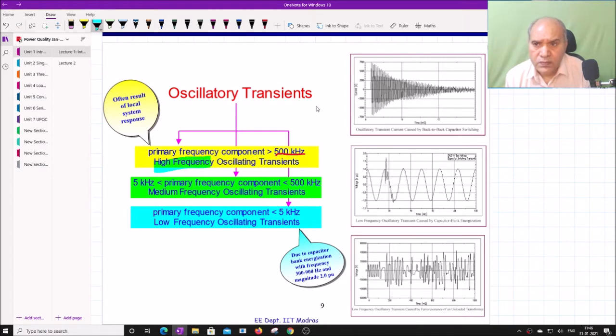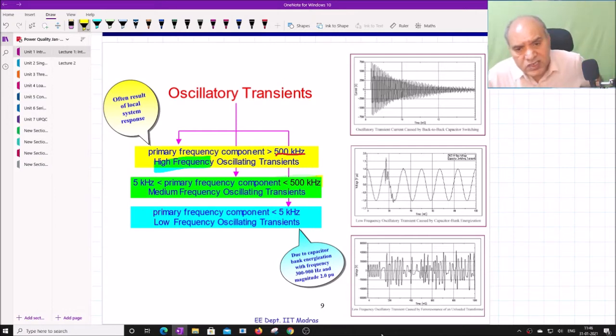Those less than 500 kilohertz are called medium frequency oscillatory transients, and those below 5 kilohertz are called low frequency transients.